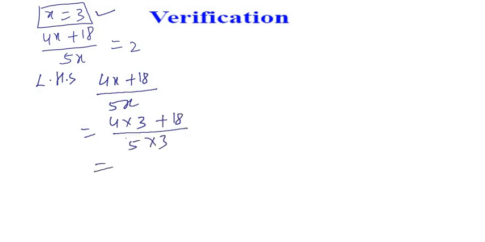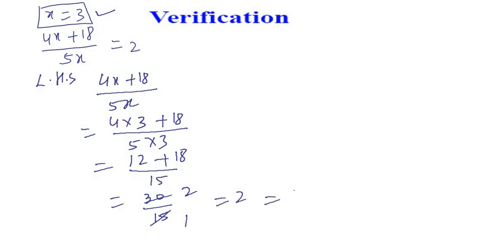So 4 threes are 12 plus 18 and 5 threes are 15. So 12 and 18, that is 30, and it is over 15. So 15 ones are 15 and 15 twos are 30. So that means it becomes 2, and that is the right hand side of the equation, hence verified.